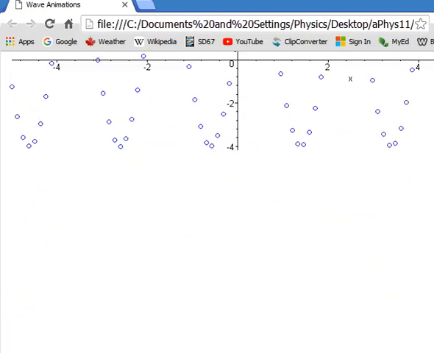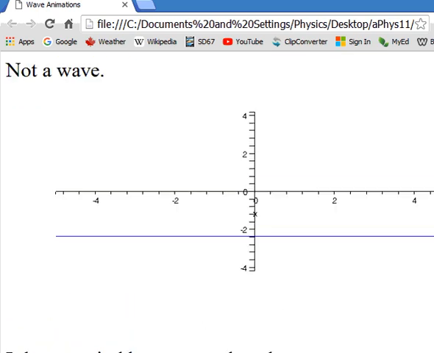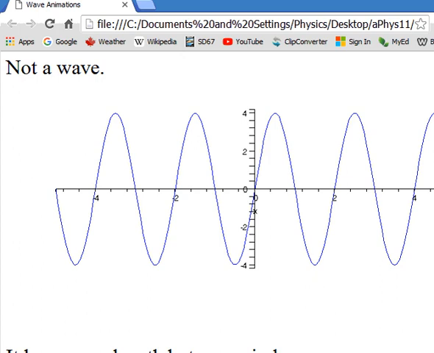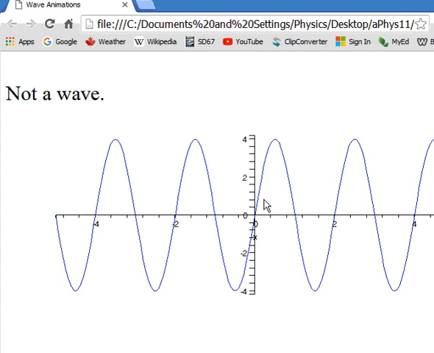I believe I may have... There you go. That, hopefully we can see it, is not a wave because it doesn't satisfy that. If you pick any individual spot on the wave, like right there, and you stare at it for some amount of time, its height isn't changing. So this is a picture of a wave, but not a wave itself.